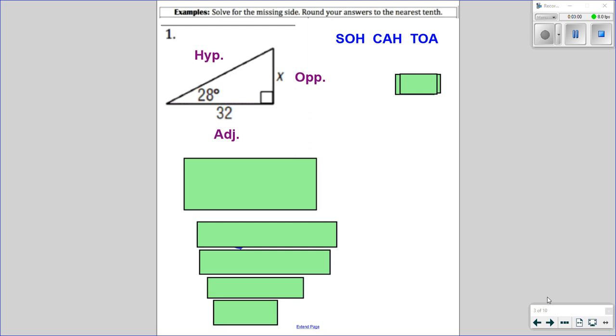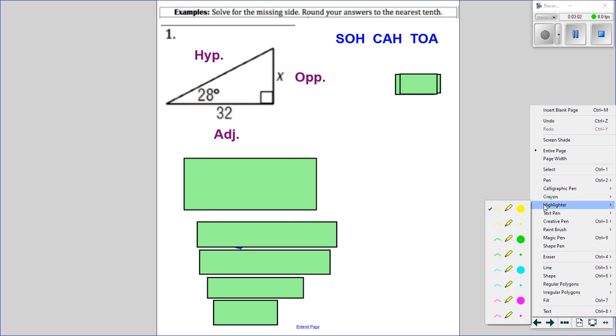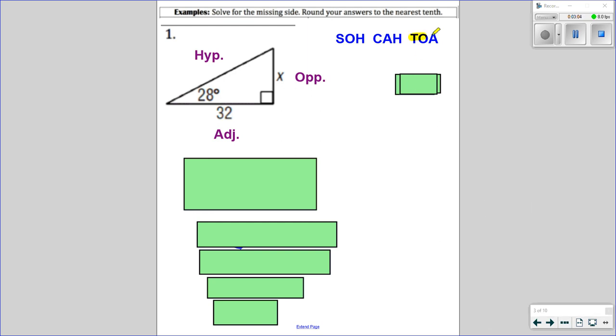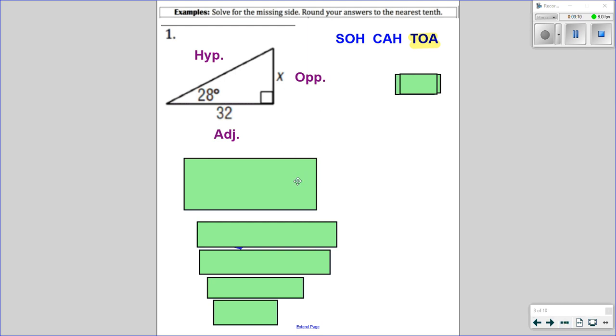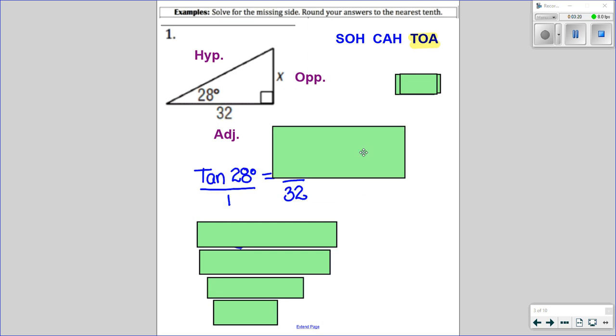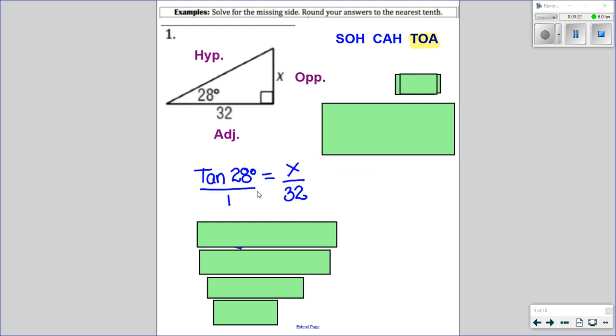I'm going to highlight that so we know that we're using TOA. All right, now we're going to set up the proportion. TOA, tangent: it'll be tangent of whatever angle, so tangent 28, equals opposite over adjacent, which will be x over 32, as you see there.